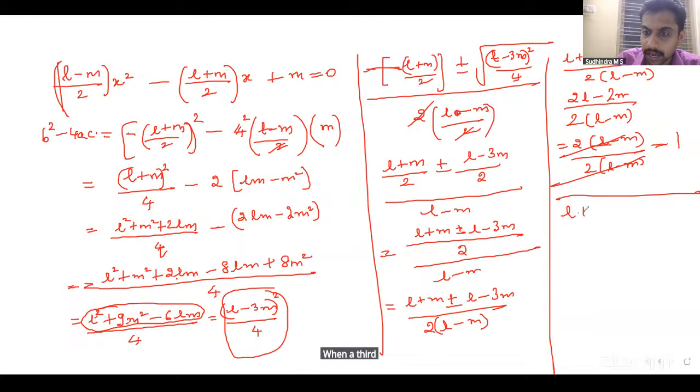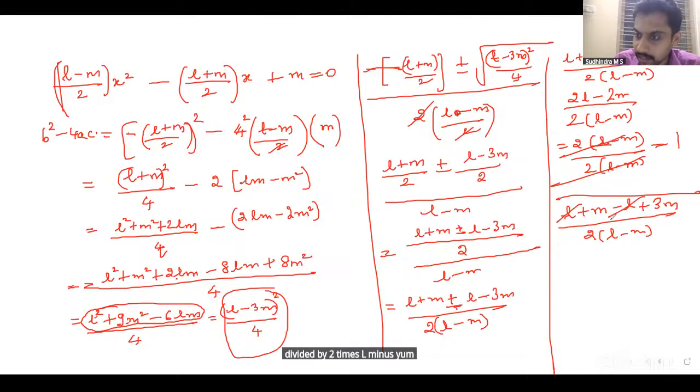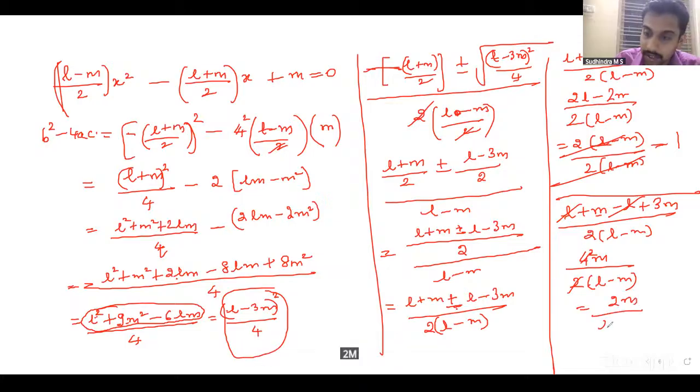The other root: L plus m minus L, minus into plus, minus, plus 3m, divided by 2 times L minus m. L and L get cancelled. 3m plus m is 4m divided by 2 times L minus m. 2 ones are 2, 2 twos are, 2m divided by L minus m.